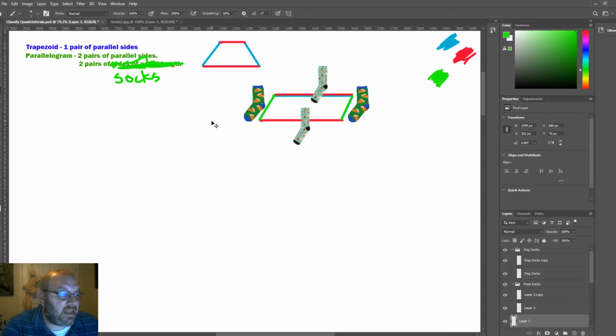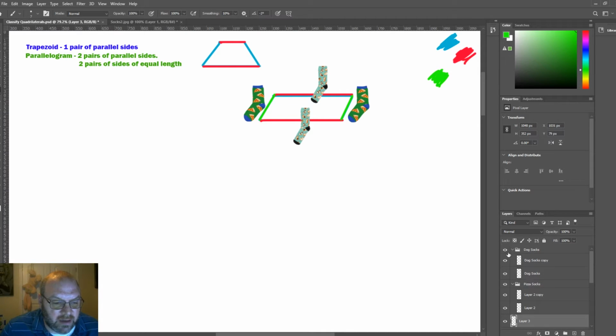But what it's really asking for is two pairs of sides of equal length. So this is equal to this, and this is equal to this, okay? So when it says two pairs, one pair is two sides, okay? So one pair is this and this are dog socks. One pair is our pizza socks, okay? That's where people get confused talking about pairs, because it gets a little more confusing after this.